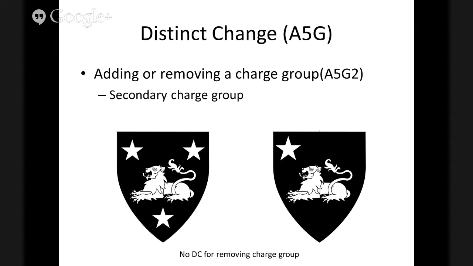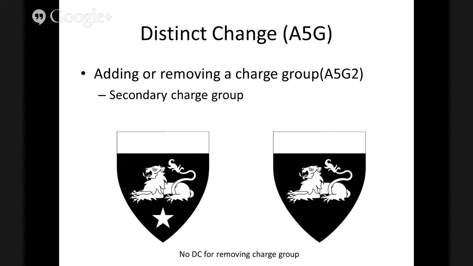Do we have a DC for adding or removing a charge group? No. How many secondary charge groups do you have in the first shield? One. Right? We're not talking about adding or removing charges. We're talking about charge groups. All 3 of those stars are in the same charge group. On the right, one charge group. It's a smaller charge group, but it's still a charge group.